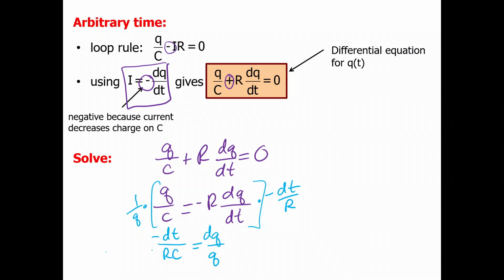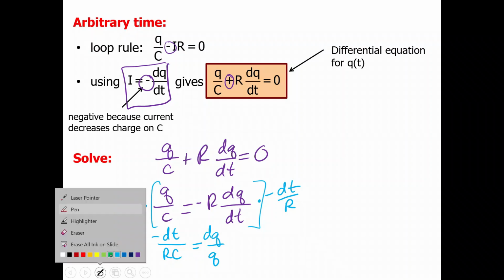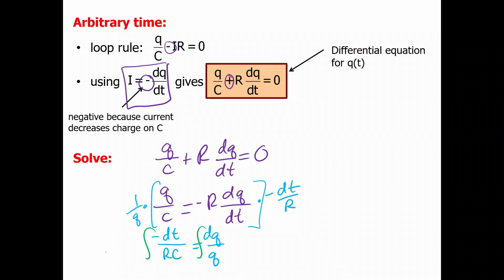So I get a very, very similar function. It's just the denominator is a little simpler. Then if we want to go through and solve that one, we just need to integrate on both sides. This one's a lot easier to handle because dq over q is just our basic natural log.